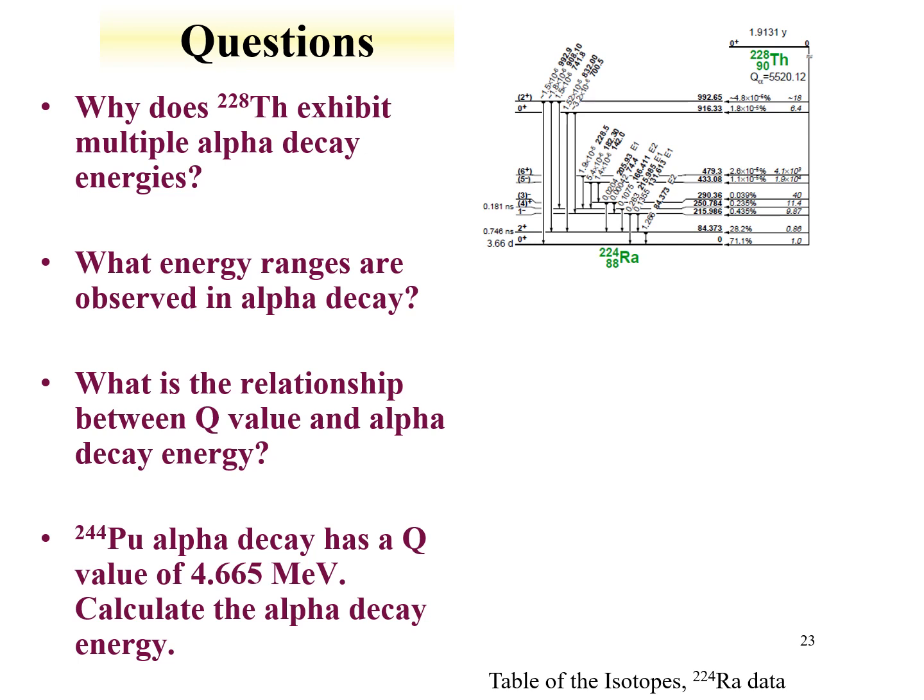This is the thorium-228 decay scheme that's shown. Here's the parent, thorium-228, decaying to radium-224. We see that it decays to multiple levels in the radium-224. 28.2% of the time it goes to this first excited state, and then 71.1% of the time it goes to the ground state.